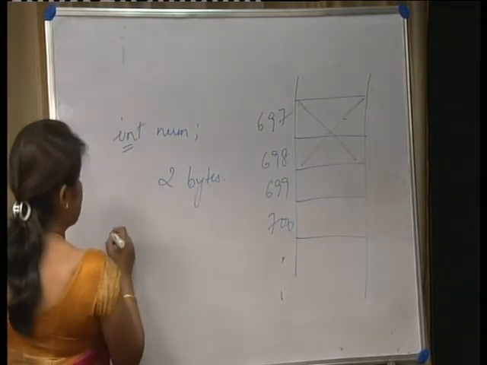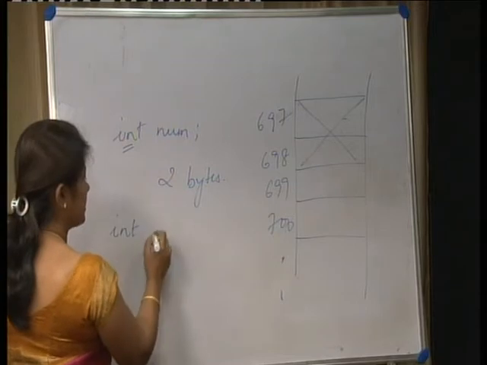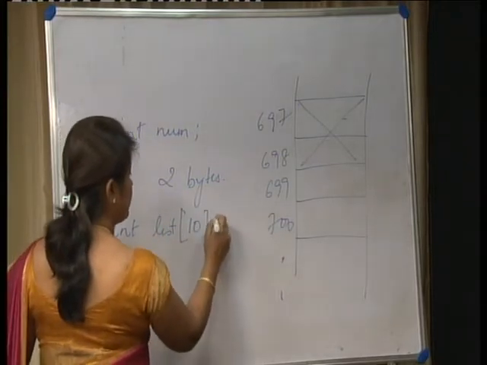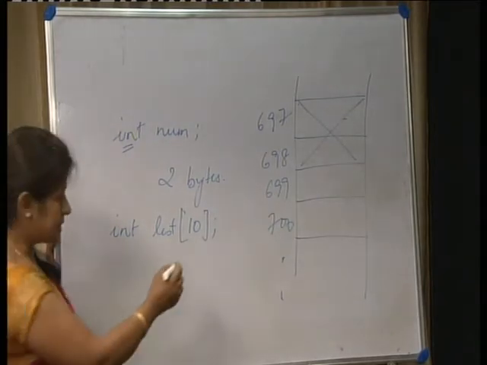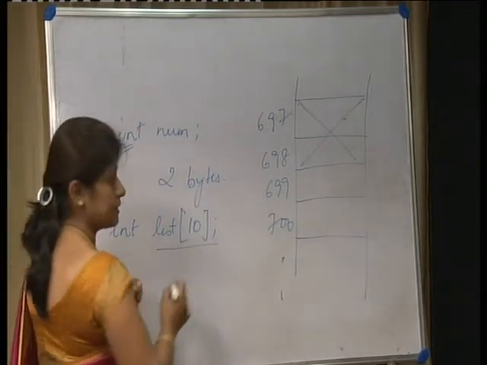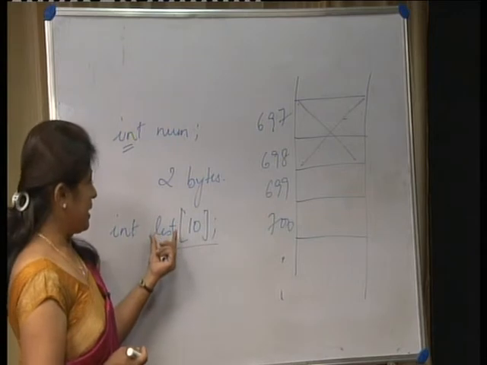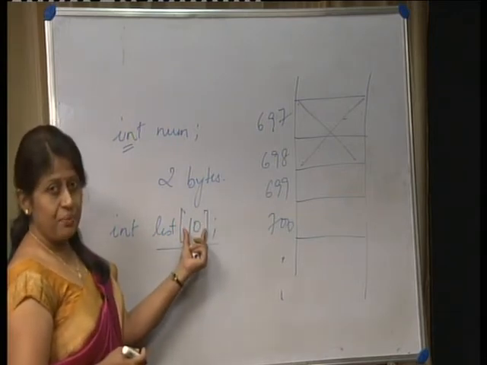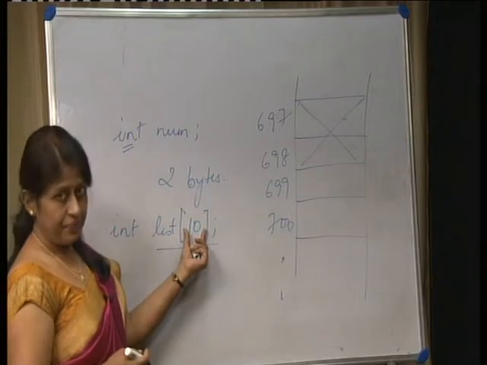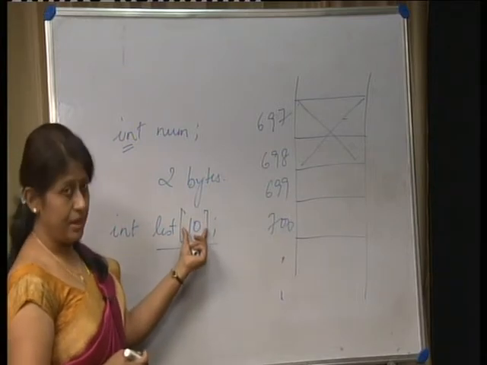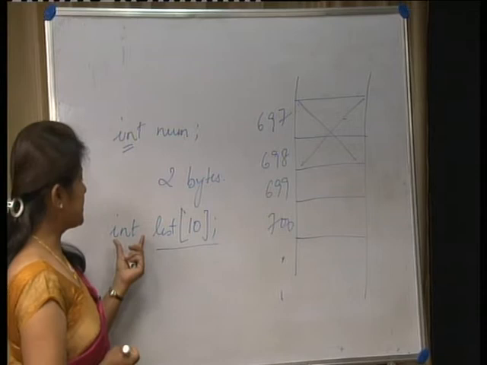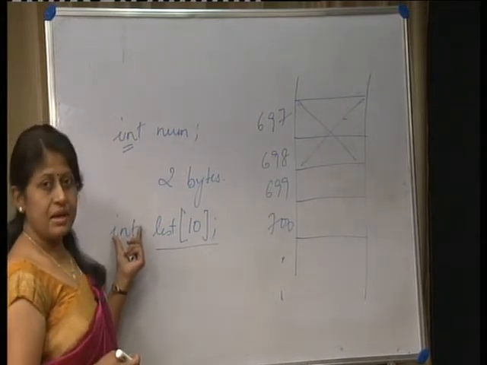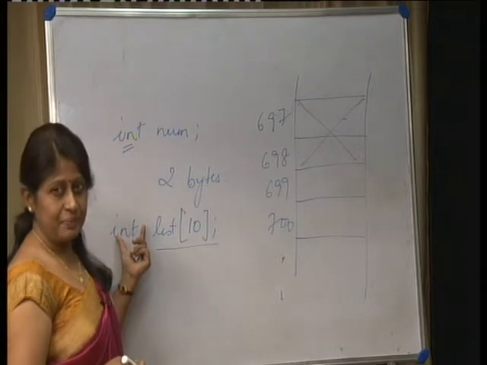The same way, when I say int list of 10, what is this? This is an array declaration. My array name is list and 10 refers to the size of my array, that is the subscript or the index, and I am saying it is of integer data type. As we know, an array will contain homogeneous data type.